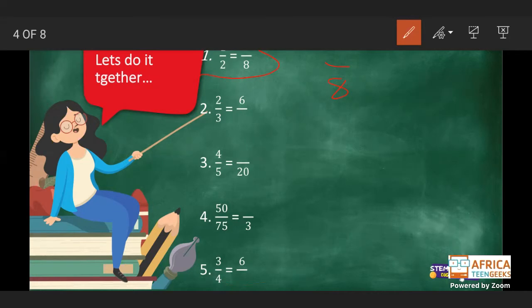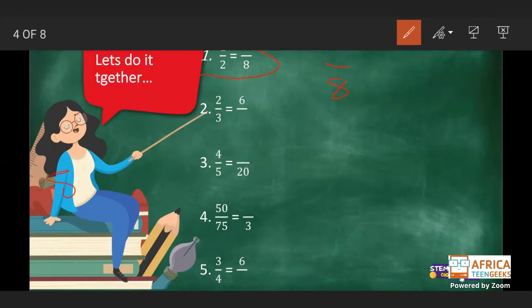So we must determine what is the number that they used to multiply in order to get 8, right? So we are going backwards, we are reversing. And your multiplication, when you reverse, it's what? It's division. You remember, right?